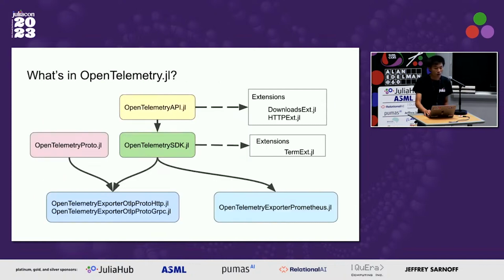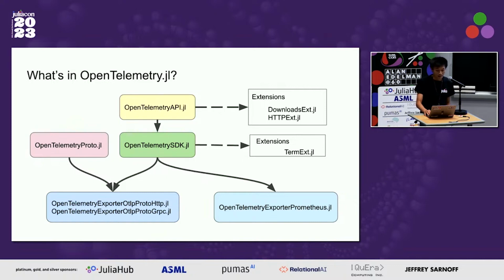Now, let's talk about the Julia implementation. OpenTelemetry.jl itself is a monorepo, so it contains several different sub-packages. The fundamental one is the API.jl. And based on it, we built several concrete implementations, and the implementations are all included in the SDK layer.